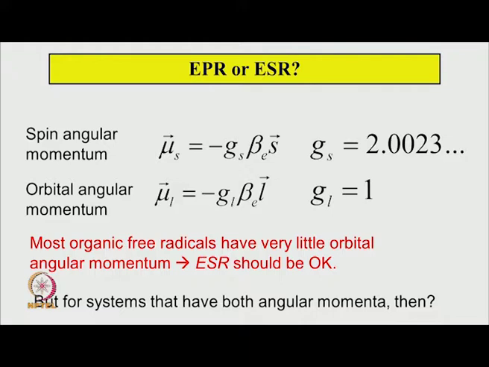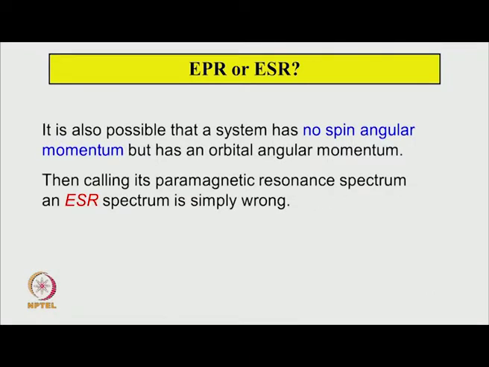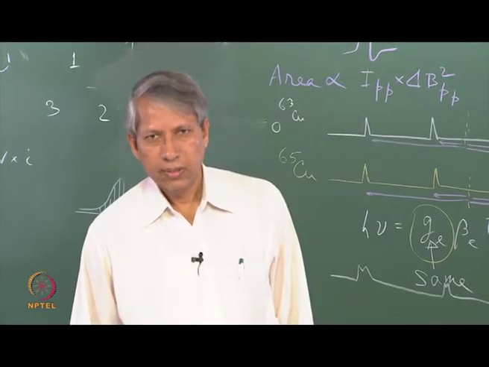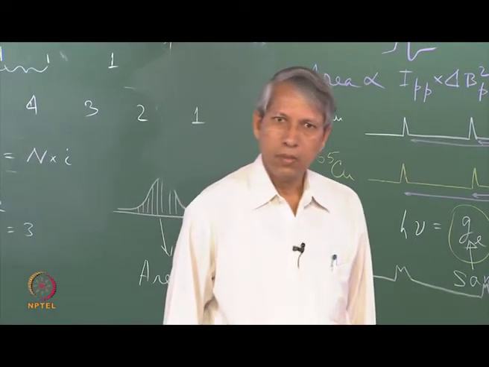Think about it. Now, it is also possible that a system has no spin angular momentum, but it has an orbital angular momentum, and the magnetic moment comes from that motion, and we can get a corresponding paramagnetic resonance spectrum. Then calling it an ESR spectrum would be simply wrong, because there is no spin motion present in the particular system.